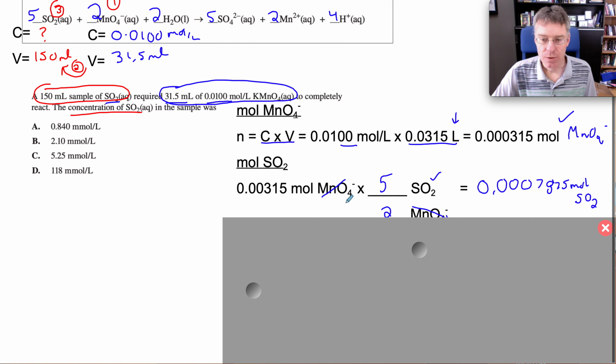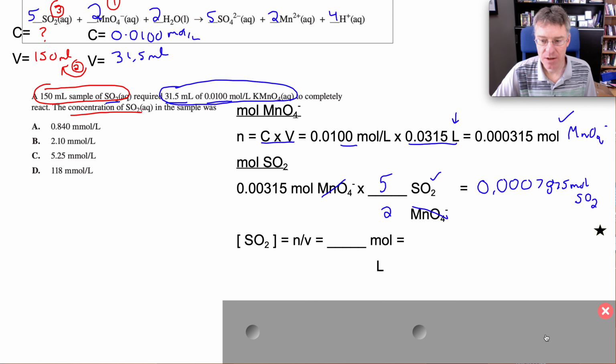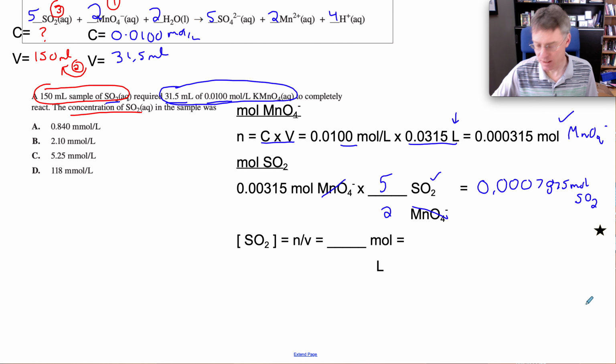So we're halfway through. We just need to get the concentration of sulfur dioxide. Now we know the moles, and the question gives us our volume, so we're just putting them together, and we're just about done with this titration. So our moles, pull that down.